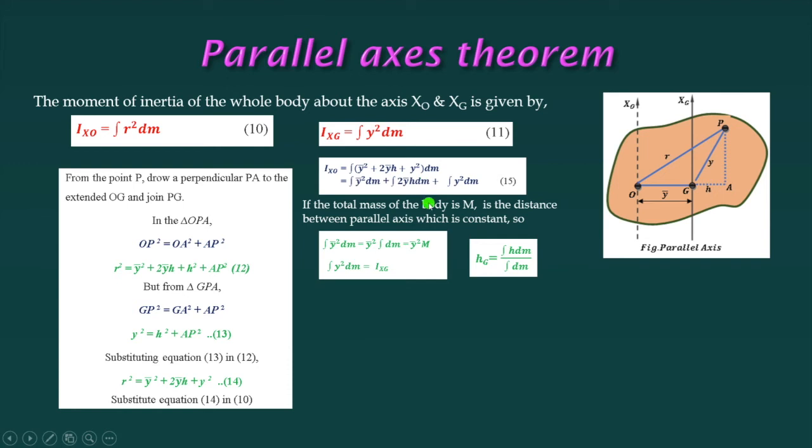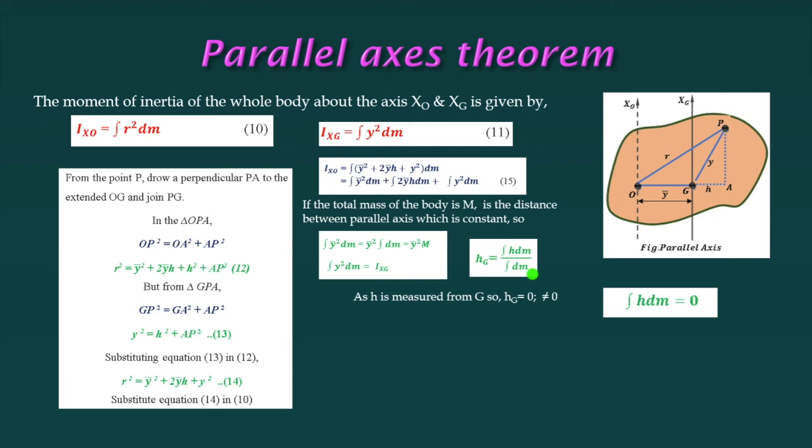To know it, we need to understand the equation for the coordinate of the centroid. For a rigid body of mass dm, the coordinate of the centroid is the integration of h dm divided by the integration of dm. This is the equation of the position of the centroid.